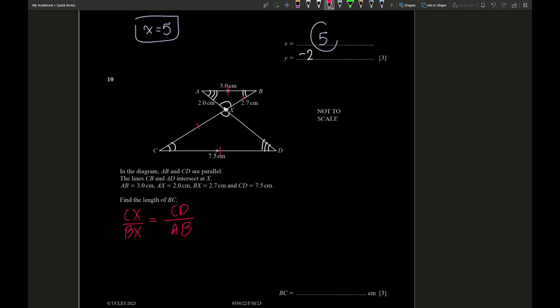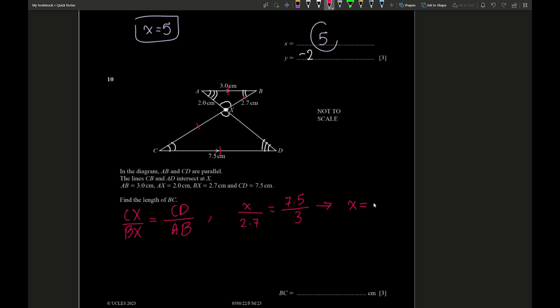Now, what's the value of CX? Well, CX is unknown, so I'll just call it X for now. So X divided by BX, which is 2.7, is equal to CD, which is 7.5, divided by AB, which is 3. Solve for X by multiplying 2.7 on both sides, and you'll end up that X is equal to, I think that would be 6.75.